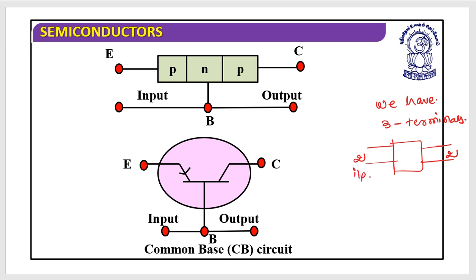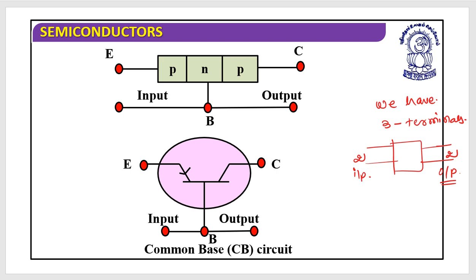Let's say this is the input side, this is the output side. So at a minimum four terminals are required, two at the input side, two at the output side. But unfortunately, in a transistor we have only three terminals. So how will we arrange this?